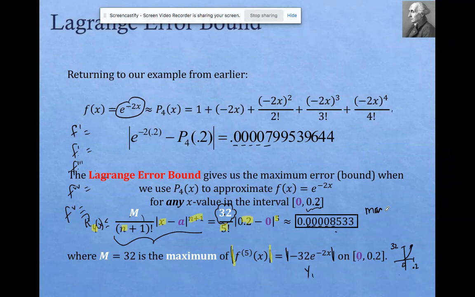This is the maximum error using P sub 4 for any x from my center to the number they were asking me to approximate. And sure enough, when I tested with 0.2, which is the worst case, all the way at the right end, I got an error that was less than my Lagrange error bound.